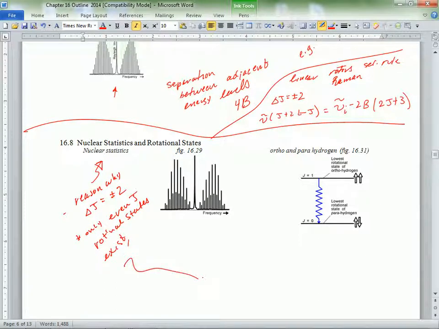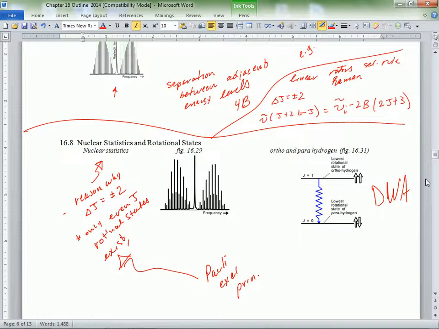It just all pretty much comes down to the Pauli exclusion principle, but I wouldn't worry about it too much. And this ortho and parahydrogen stuff, to me that's another DWA. Don't worry about it.